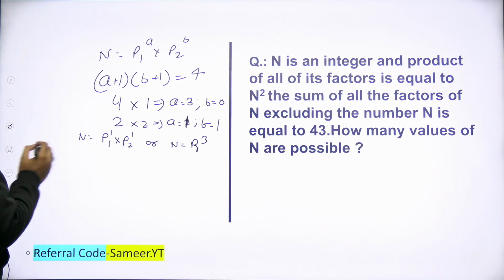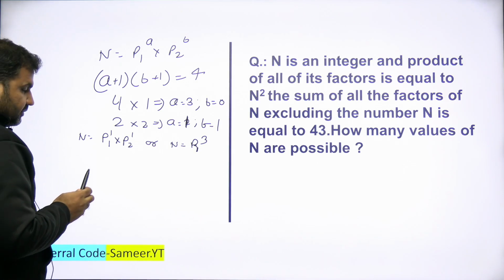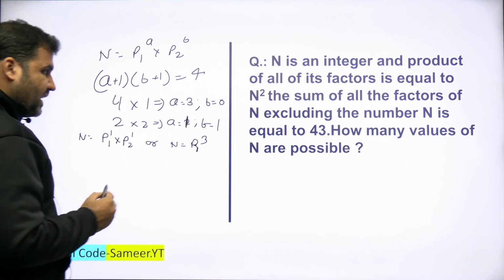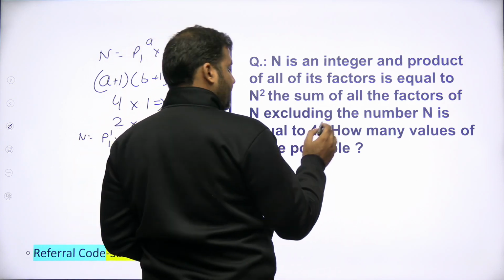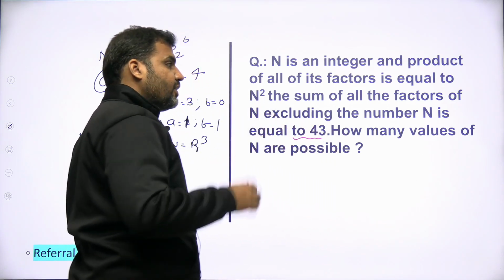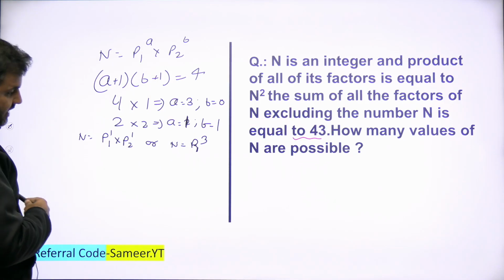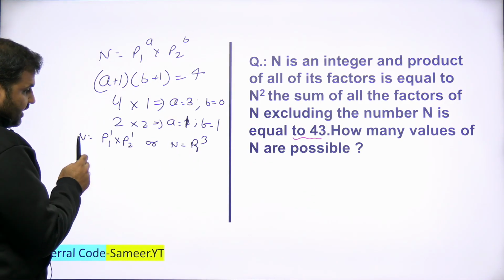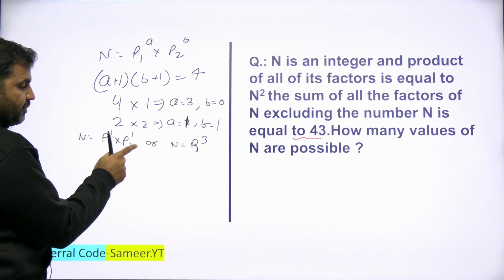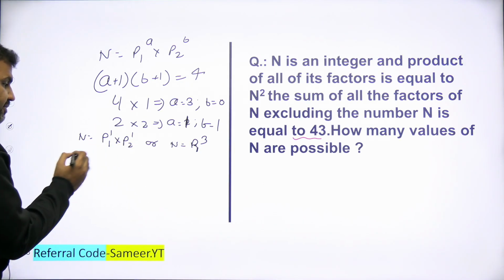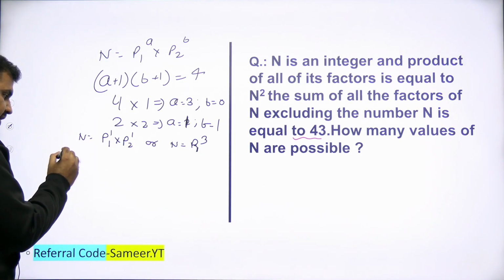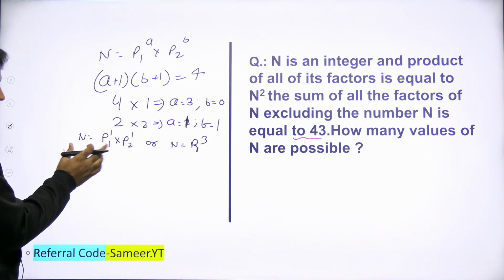Now use the next information, that the sum of the factors excluding the number n is equal to 43. If I say this, the number n is equal to p1 power 1 into p2 power 1. So the number of factors of this number n will be 4.